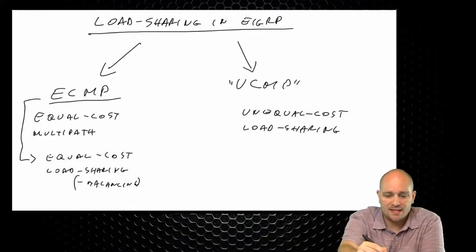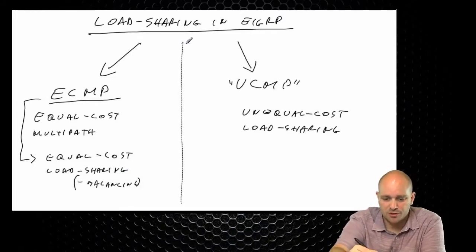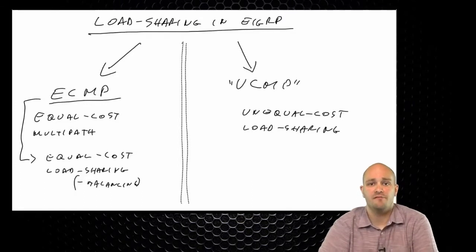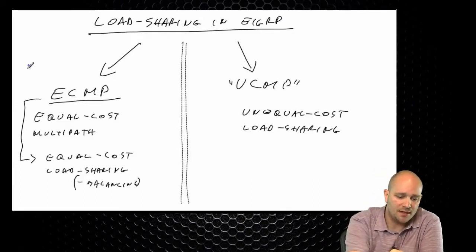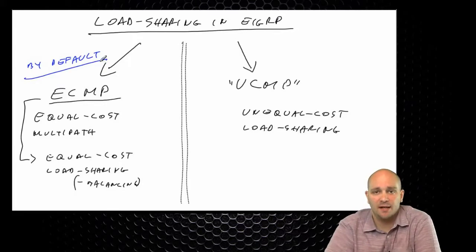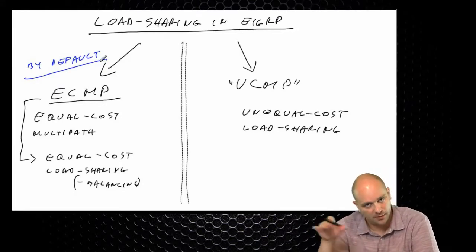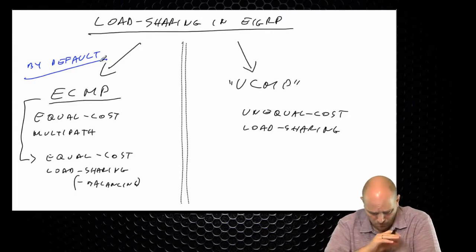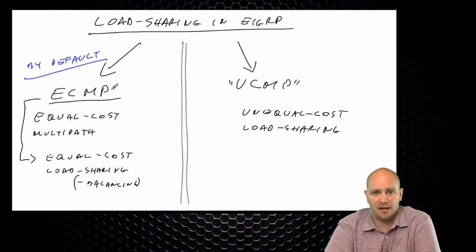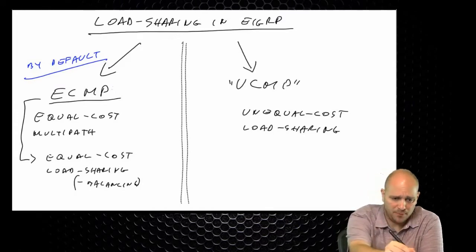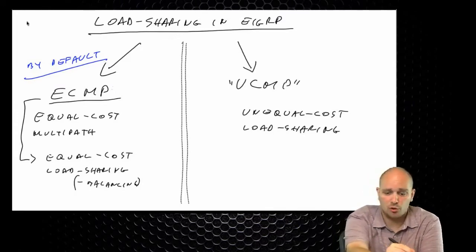Now, I say it comes in two flavors because they are configured in very, very different ways. Now, this here is done by default. So this is what IOS does by default for every single protocol, well, except for BGP where you need to explicitly configure it, but for all IGPs, for static routes, for anything, equal cost multipath is implemented by default and there's nothing you need to do to make it happen.